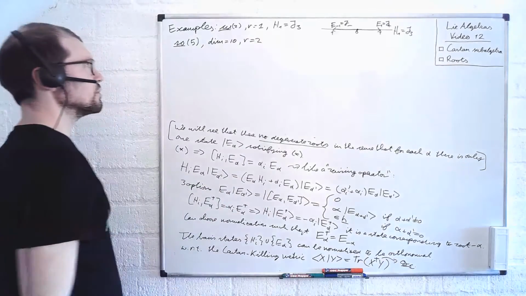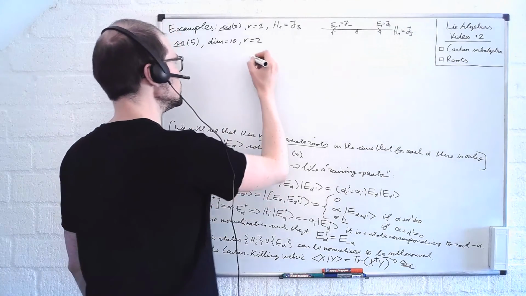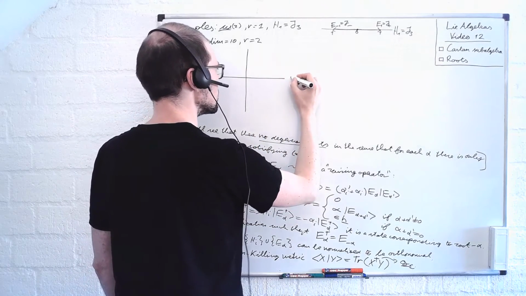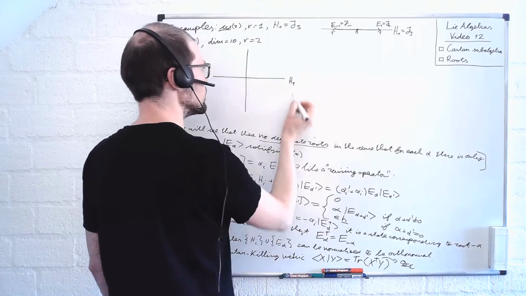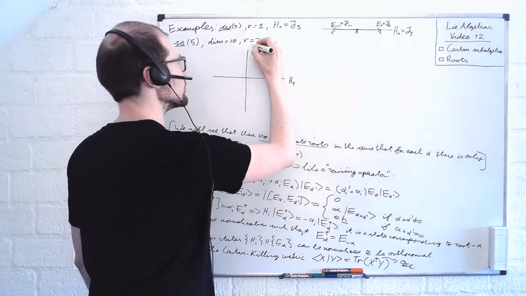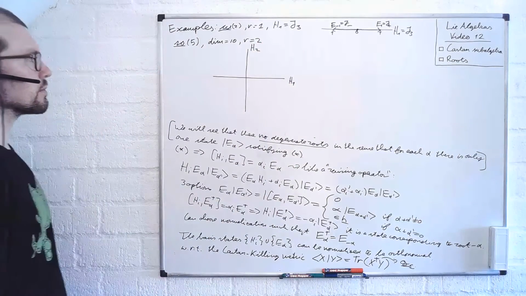It has rank 2, so there are 2 Cartan generators. And we can actually draw the roots corresponding to this. Now there will be 2 axes, one labeling the eigenvalues of the first Cartan generator, the second one for the second Cartan generator.